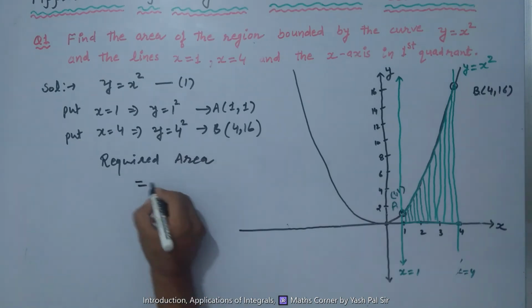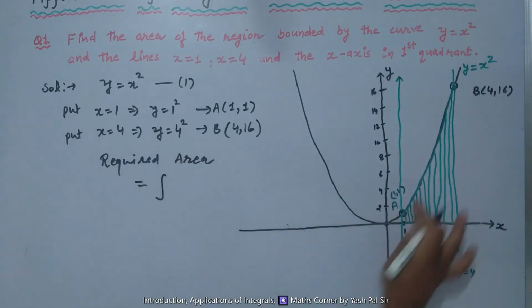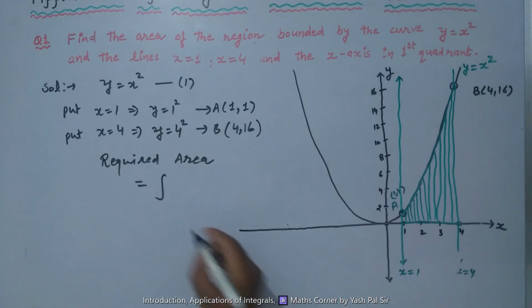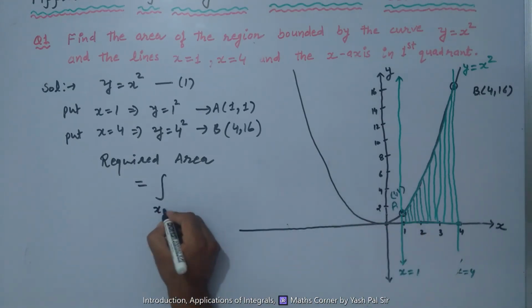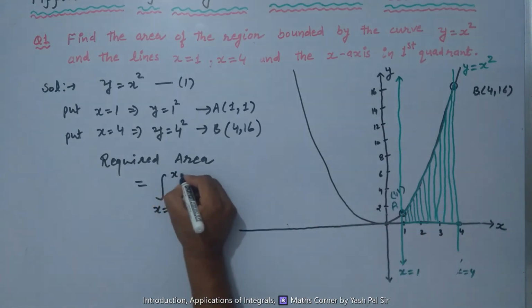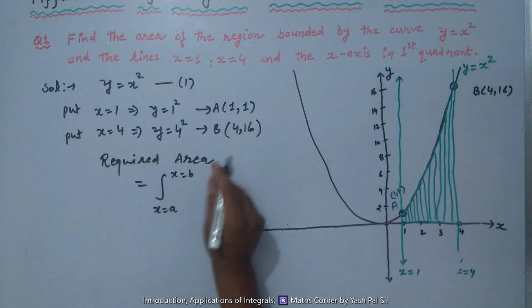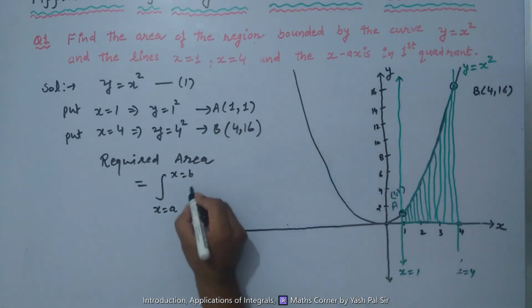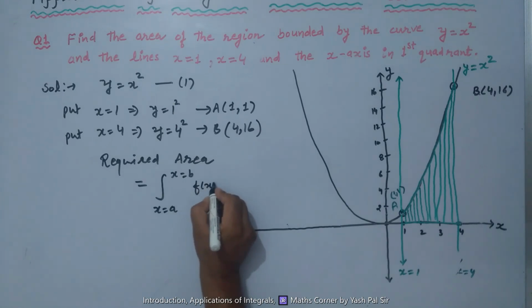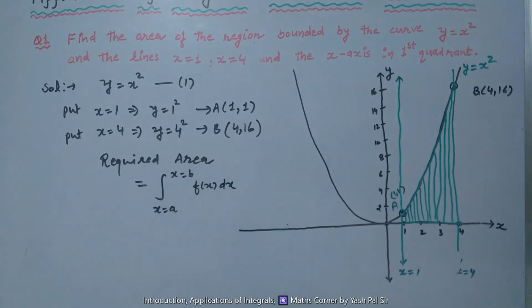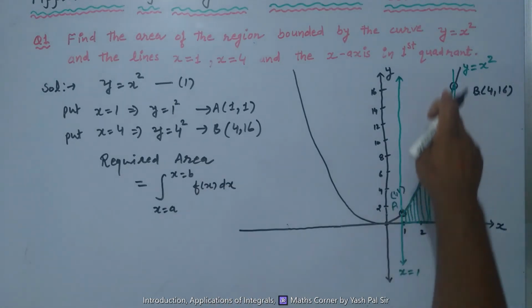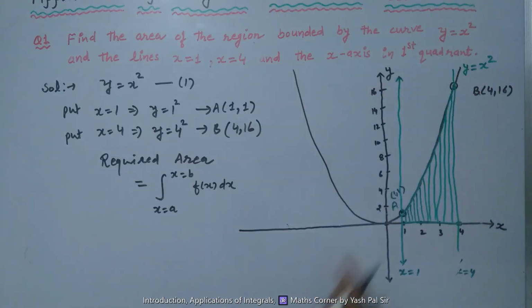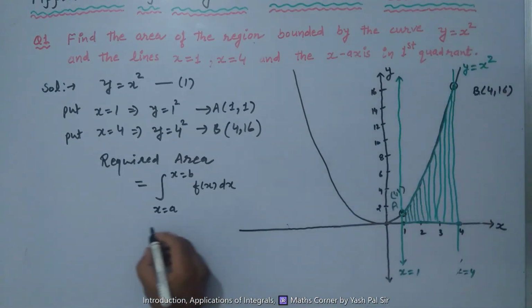is equal to the shaded portion between x is equal to a to x is equal to b, f of x into dx. So f of x means y is equal to x square in this question.